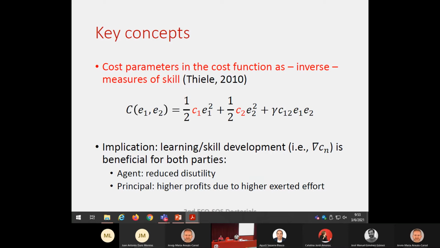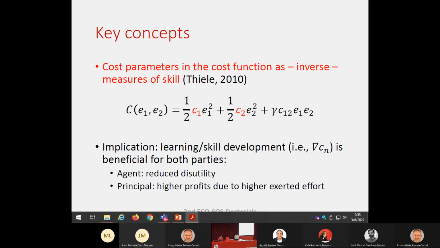From this article by Thiel in 2010, there is a very interesting interpretation that the cost parameter is like an inverse measure of skill. This means that the more skilled a person is in a task, for a task-specific skill, exerting effort in that task drives less disutility. You are more skilled, then less disutility for you to exert effort in this task.